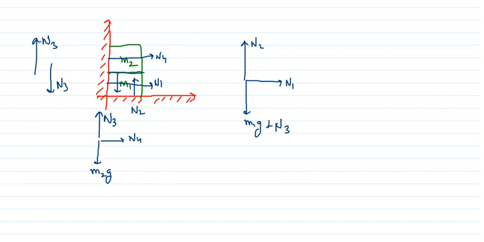So this is how you have to draw free body diagrams when normal force and gravitational forces are involved. If there is mass, then gravitational force will always be there, and if the bodies are in contact with a surface, then normal force will be there. Remember, normal is a push force and it is applied perpendicular to the surface.